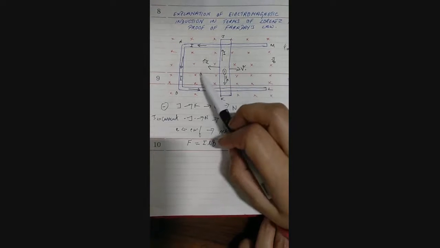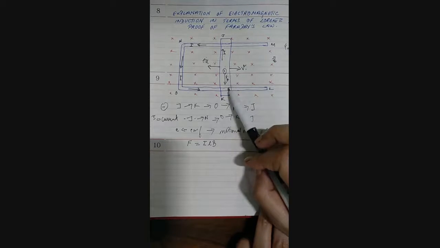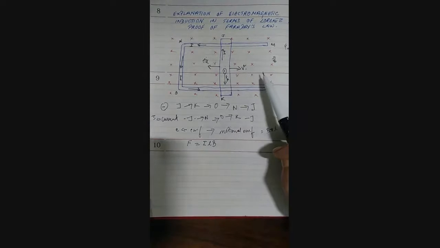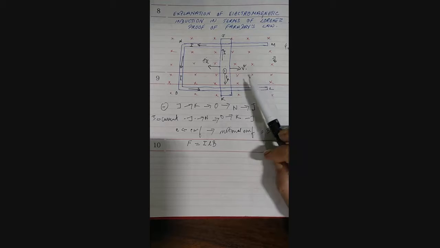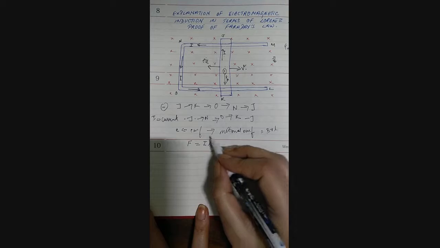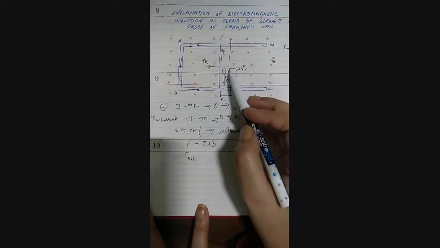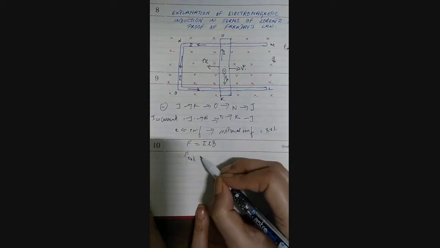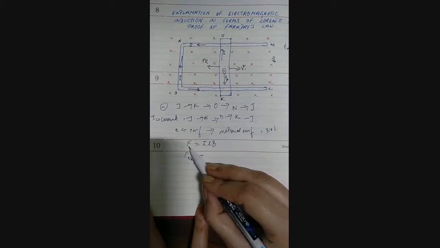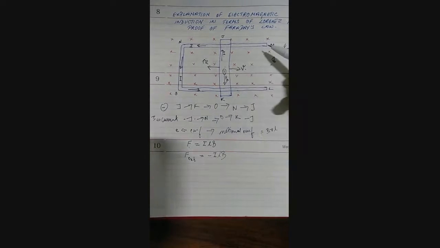The force is in the left direction, so an extra force has to be applied to make the rod move towards the right. To counterbalance, a force external has to be applied, which will be opposite to this force. That is why we are putting a negative sign, and the magnitude has to be equal.